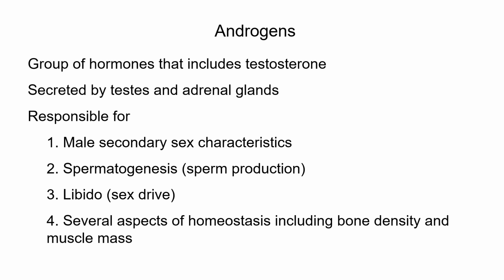And androgens are responsible for the development of male secondary sex characteristics during puberty. They stimulate spermatogenesis in the testes. They influence libido, and that means our sex drive. And they are responsible for maintaining muscle mass as well as bone density.